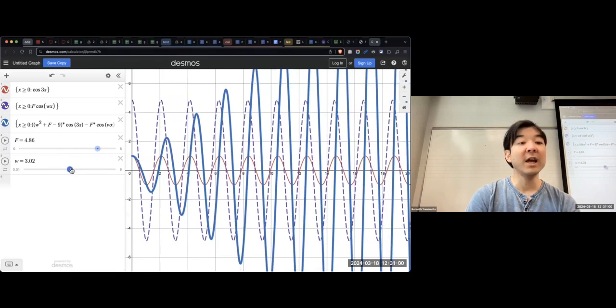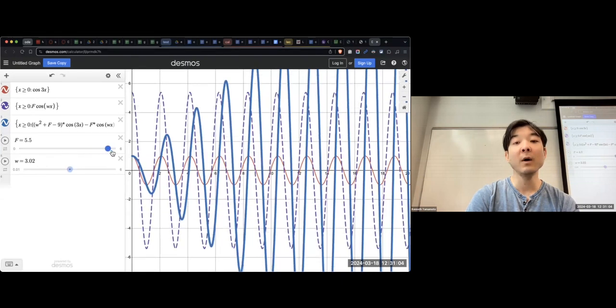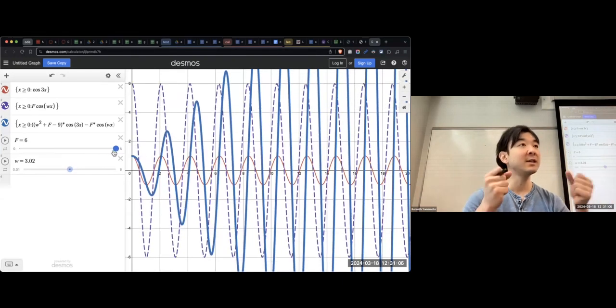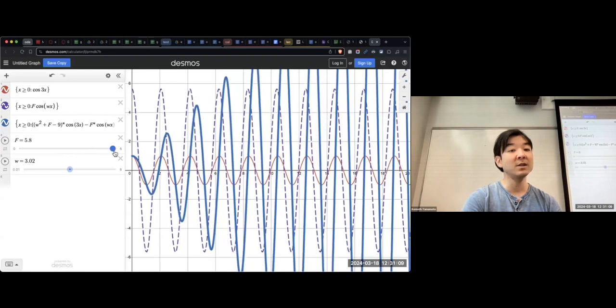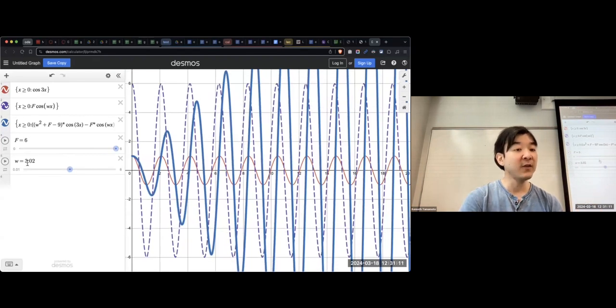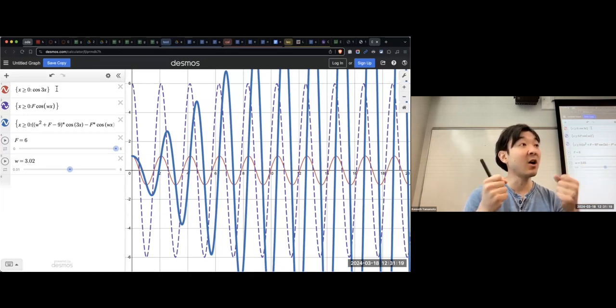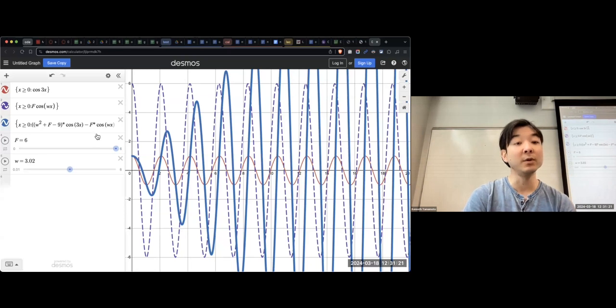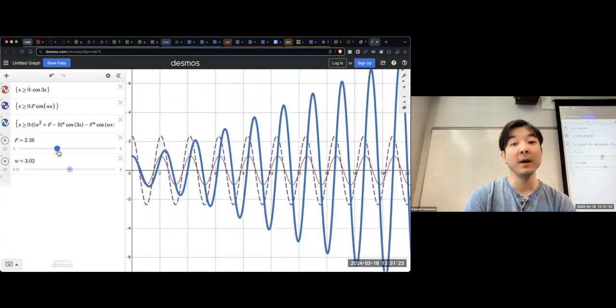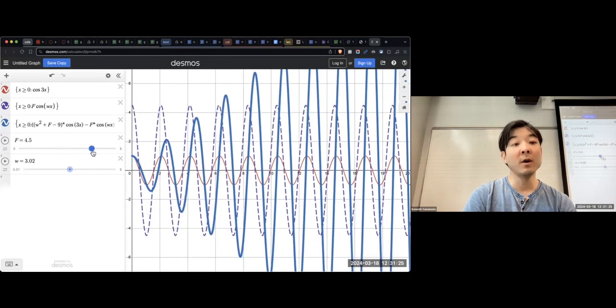I'm shaking at this frequency, which happens to be very close to the natural frequency of our system already, and now I'm just shaking it harder and harder. So that's why the blue is blowing up more and more if we increase that.